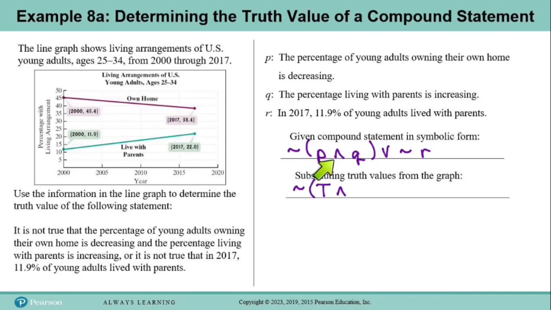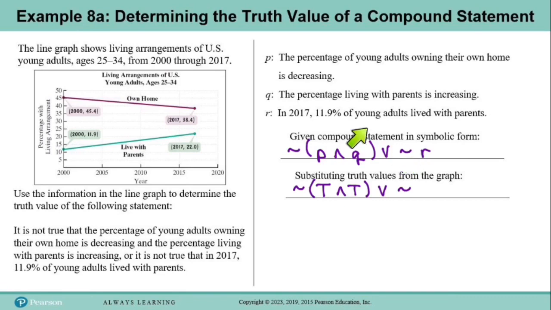And then our and statement, and then next we have Q. So Q said the percentage living with parents is increasing. So when you look at the graph, sure enough, the percentage living with parents, that line is sloping upward to the right, so it is increasing. So statement Q is also true. And then we can close our parentheses and have our or symbol, and then we have our not.